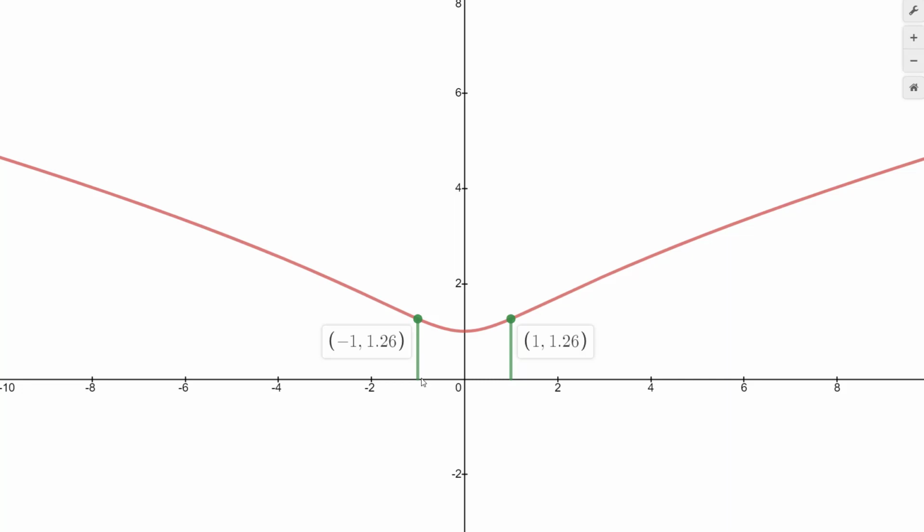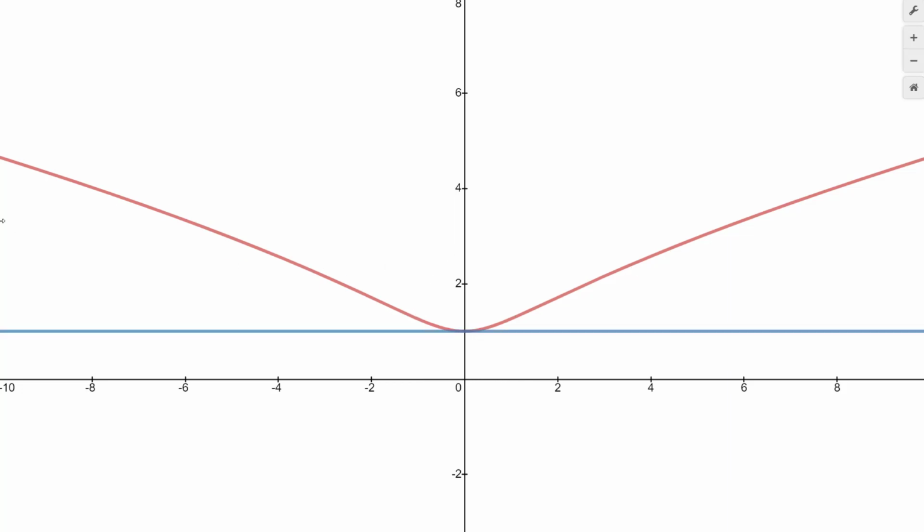It leads back to two different x values, -1 and +1. So therefore, this function is, while it is a function, it is not one-to-one because a single y value leads back to two different x values. And you can see that's the case for all of these y values.